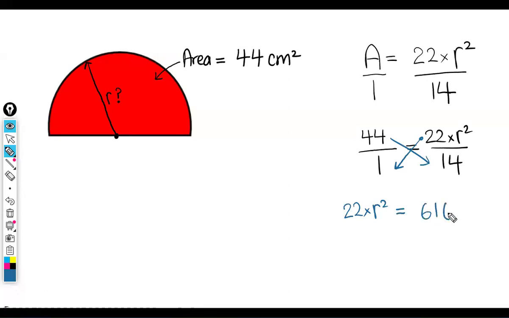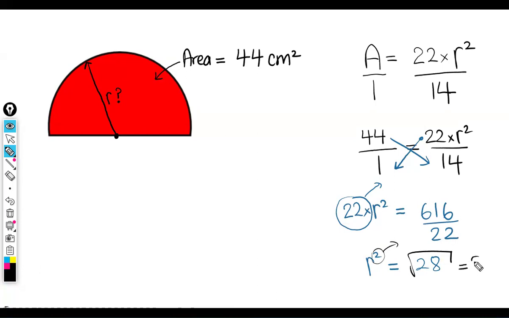is 616. The 22 is a multiply, throw it across, you get a divide, so you get R squared is, I think we get exactly 28 here. We got a nice number for once. And then throw across the square to get square root. Running out of space, but I'll squeeze it in here.